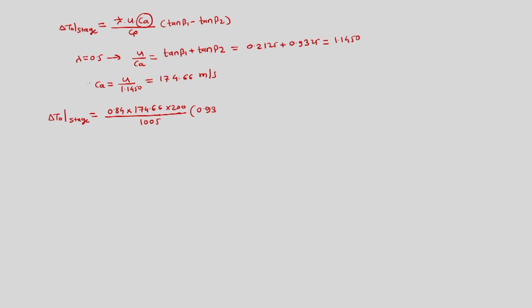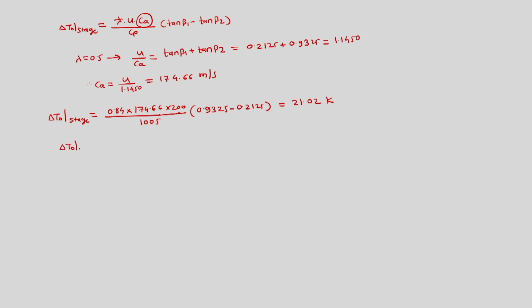Tan beta 1 is 0.9325 minus 0.2125, and this gives us the stage temperature rise as 21.02 Kelvin.